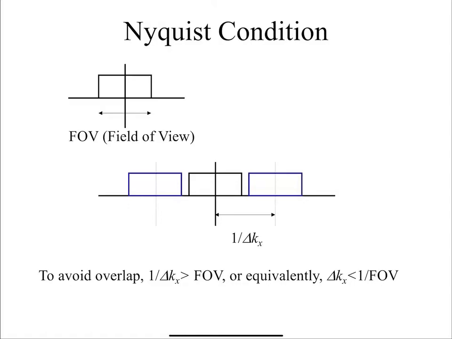So I need that spacing 1 over delta k to be bigger than my FOV, otherwise I'm going to have overlap. So from a design point of view, we typically just set it at the limit, because typically people make the FOV a little bigger than the object, so we know we have some room. So for all your design things, you can just set delta k equal to 1 over the field of view. Okay, you don't have to worry about greater than or less than. All right.